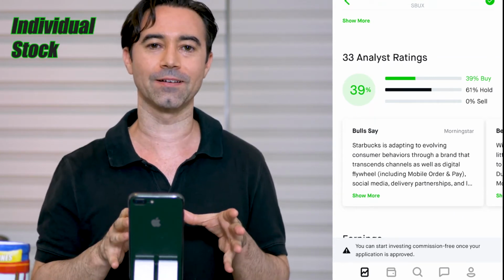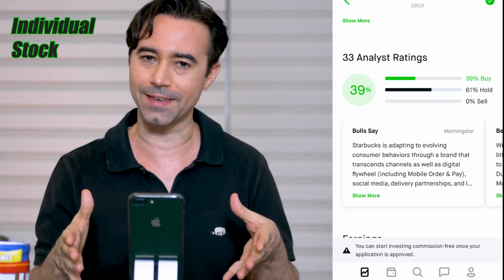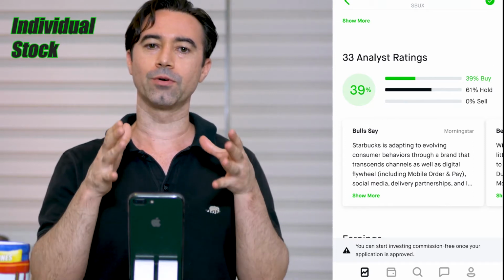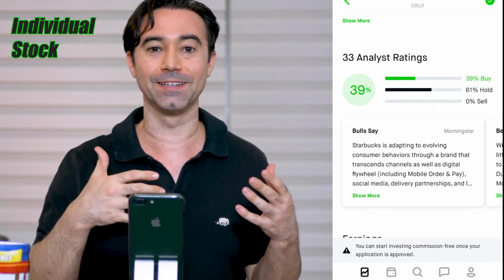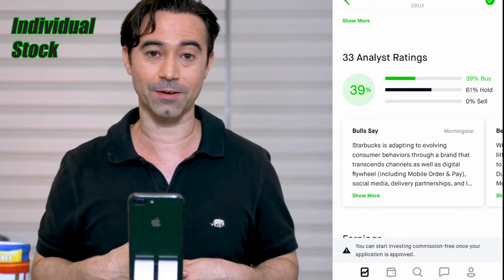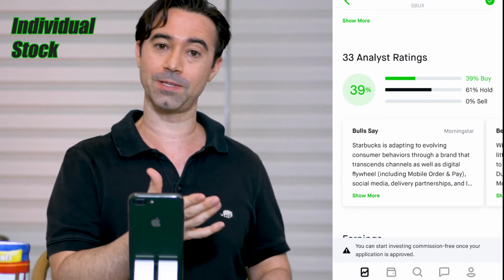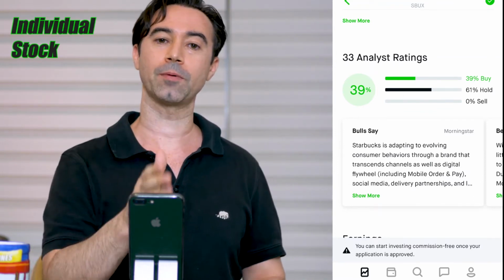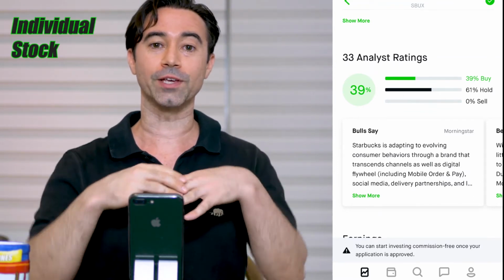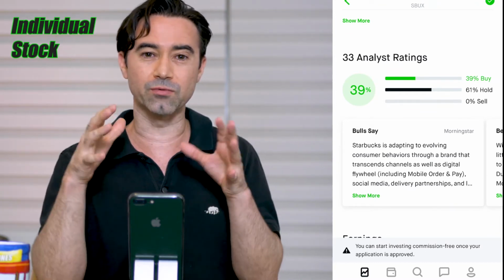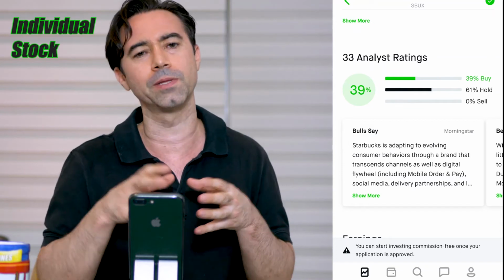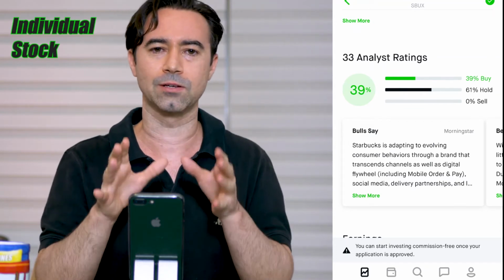Analysts' ratings are important, I think, when you're starting out. So how deep down the rabbit hole you want to get when it comes to doing the analysis of stock investing is going to be up to you. So if you're the type of person who's going to start looking at all of the different income statements and balance sheets and statement of cash flows and really tearing apart what's going on with the company, okay, great, good for you.